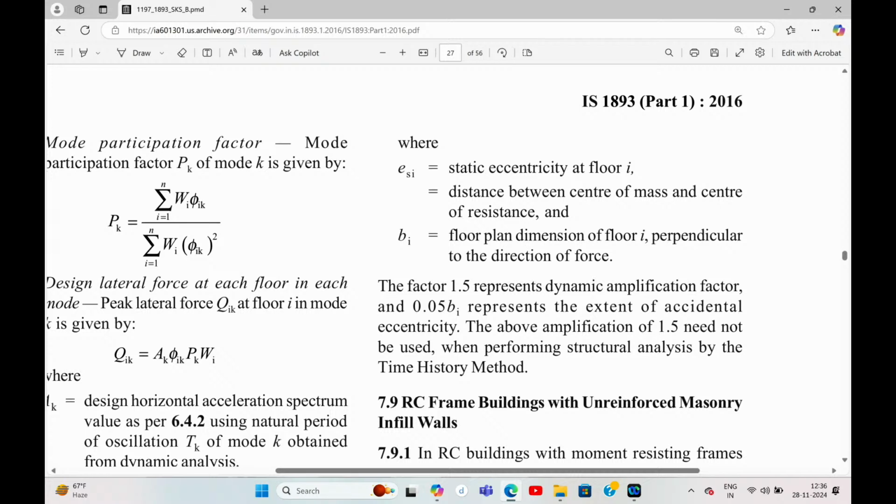And when we are calculating the forces through time-tree analysis, time-tree method, then this 1.5 need not be used, correct? Because this will be taken care of in the method only. Okay. Time-tree method, we knew what is time-tree. Everyone knows this? Non-linear dynamic analysis, right? Okay. Is it okay?